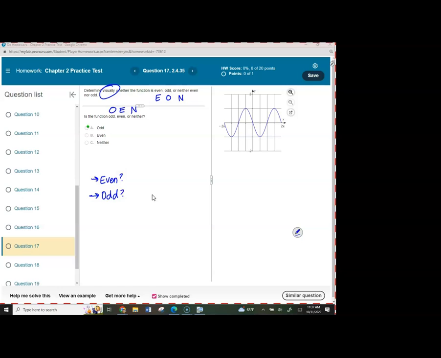The reason why is because the even is when it will flip over the x-axis, right? Or not the x-axis, sorry. It flips over the y-axis.